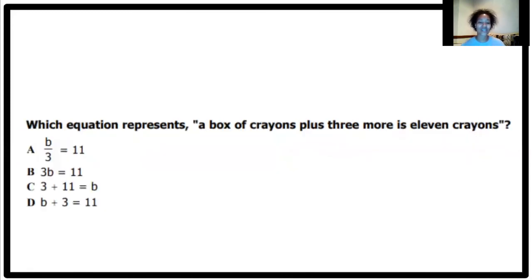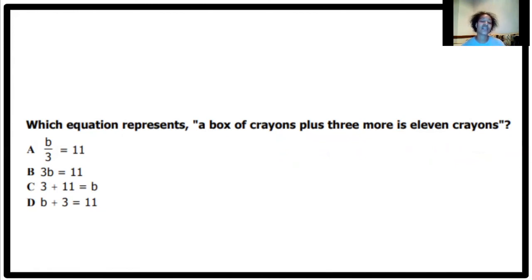All right, one last one. Which equation represents a box of crayons plus 3 more is 11 crayons? It automatically told you the operation, plus, addition. We're adding to it.